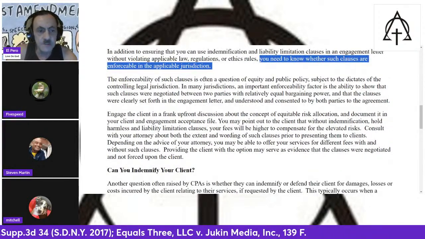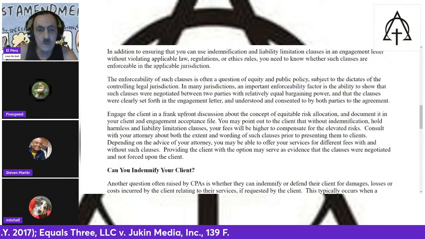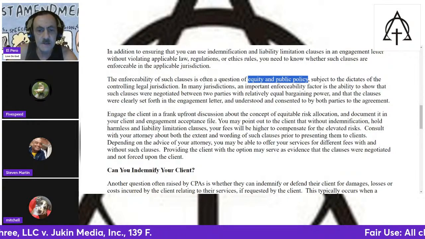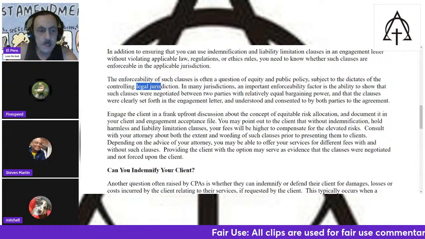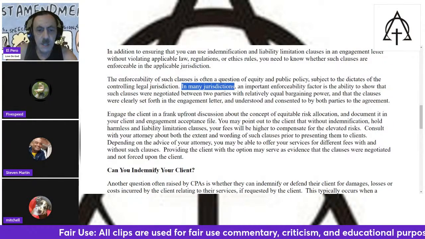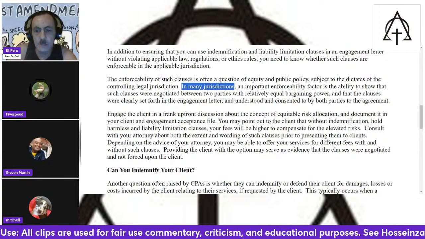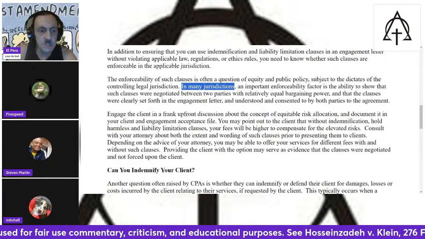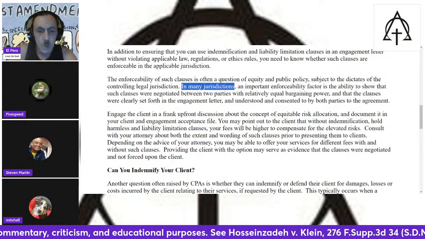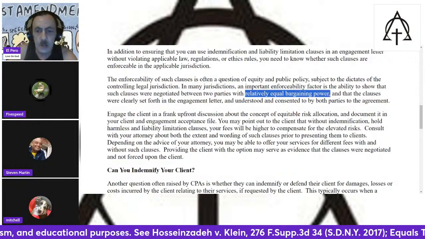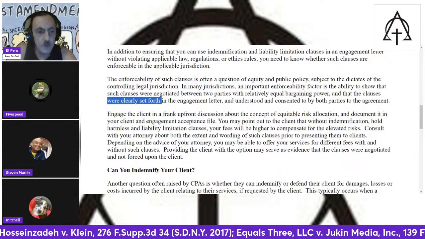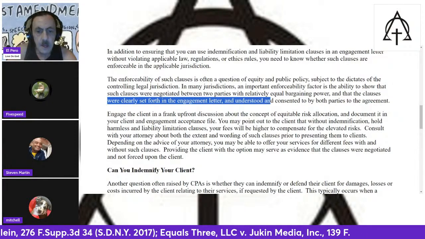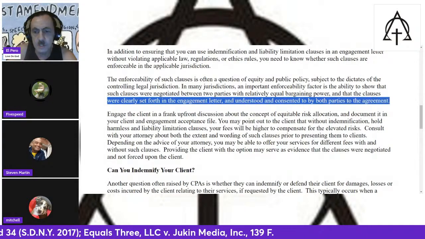The enforceability of such clauses is often a question of equity and public policy, subject to the dictates of the controlling legal jurisdiction. In many jurisdictions, an important enforceability factor is the ability to show that such clauses were negotiated between two parties with relatively equal bargaining power, and that the clauses were clearly set forth in the engagement letter and understood and consented by both parties to the agreement.